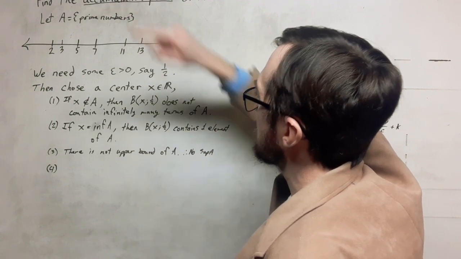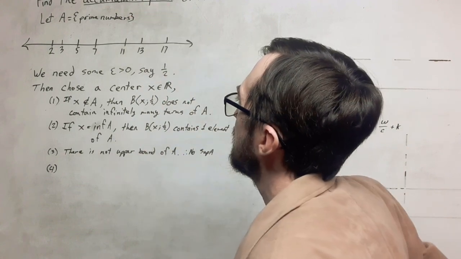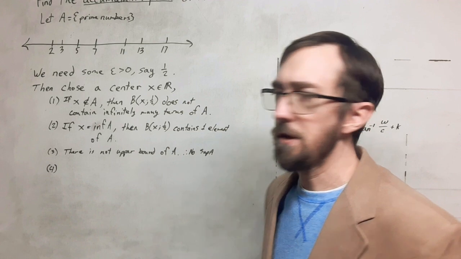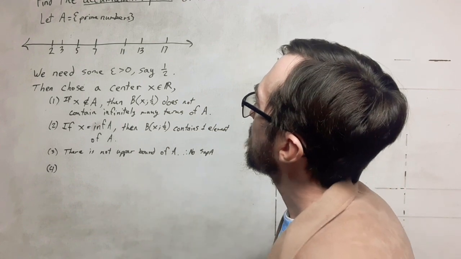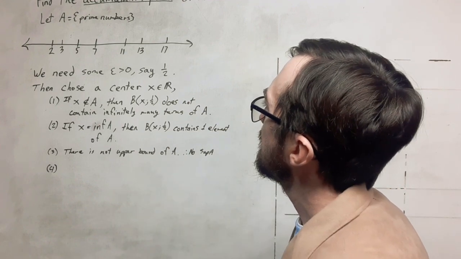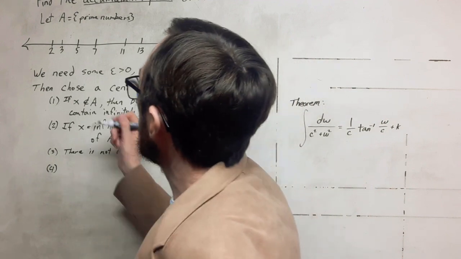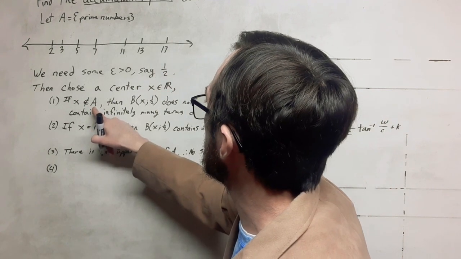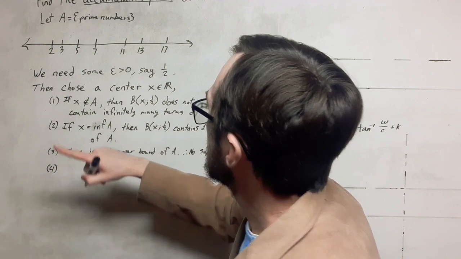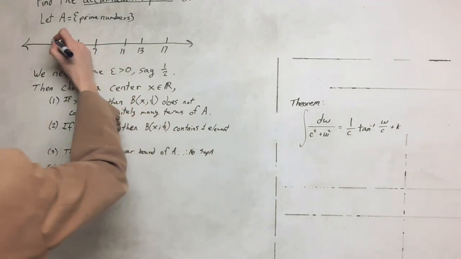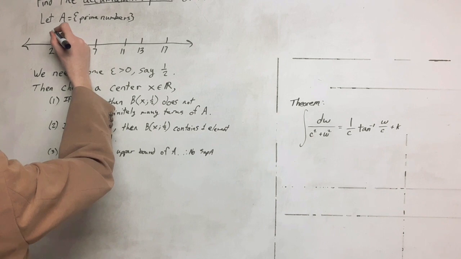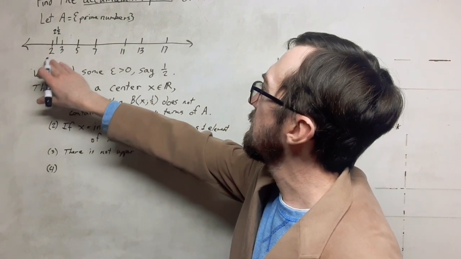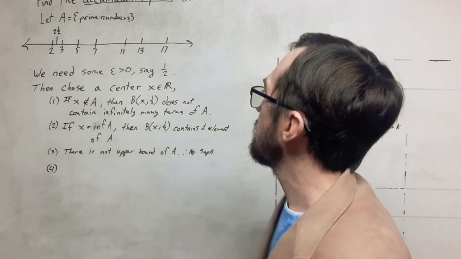All right. So if we choose some number, what happens? Well, we have to look at the neighborhood around that point. So, for instance, if we choose that x being not a prime number is, let's say, 2.5. All right, it falls between 2 and 3 here.